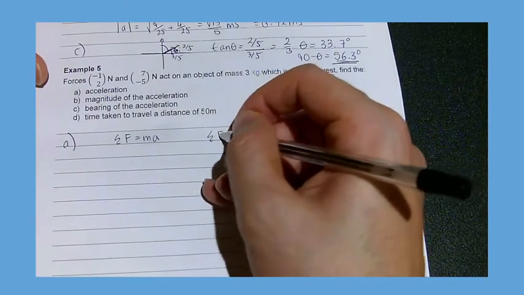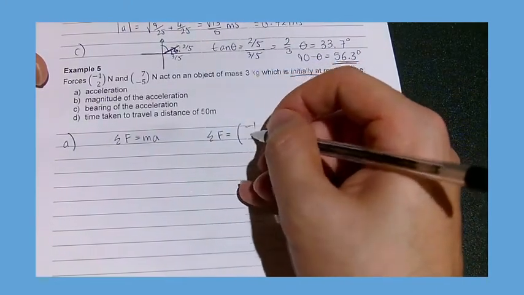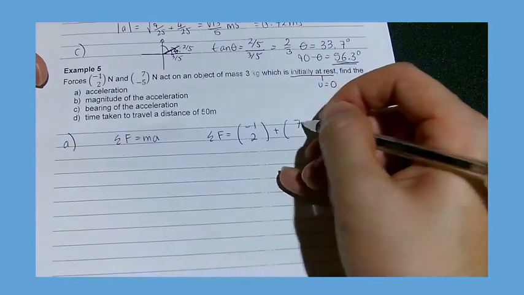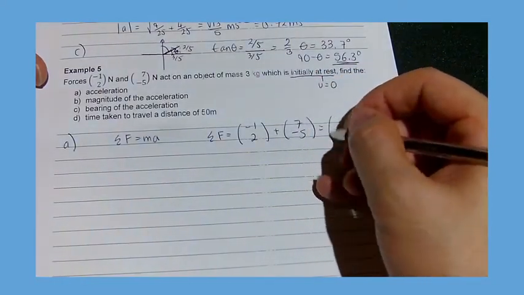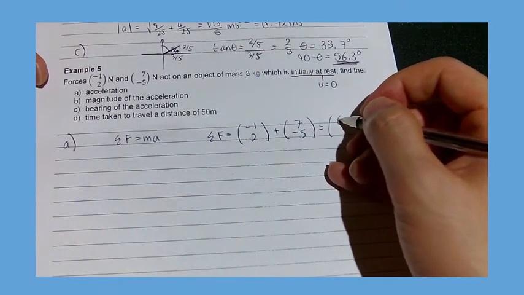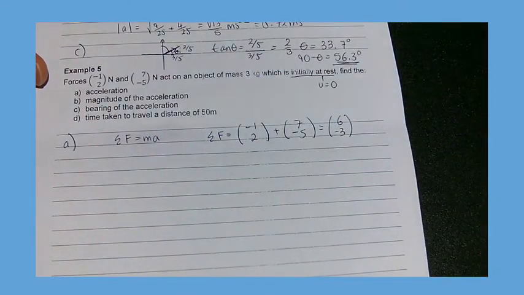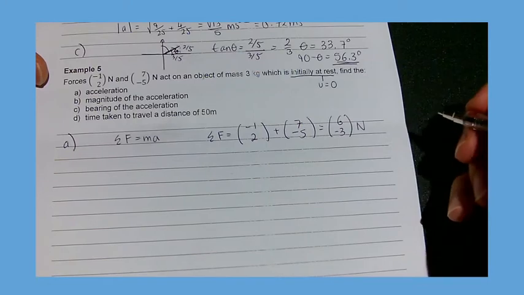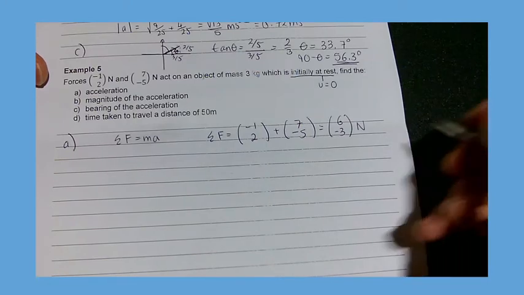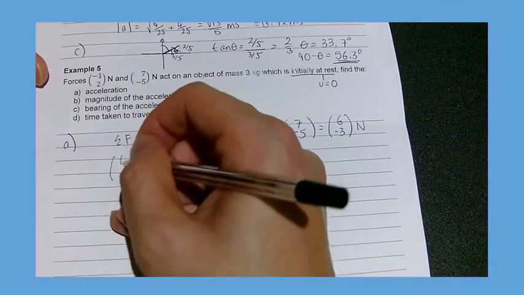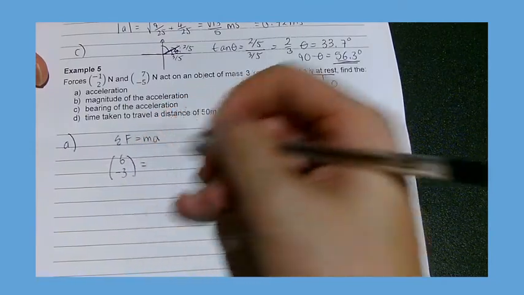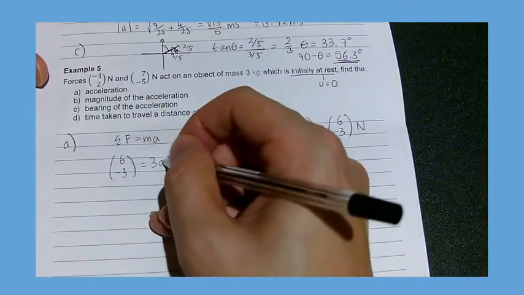The resultant force will be the total of these two vectors, 6 minus 3. Okay, so that's the overall resultant force, 6 minus 3, and that's equal to ma, which is 3a.